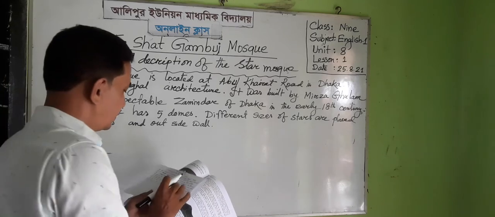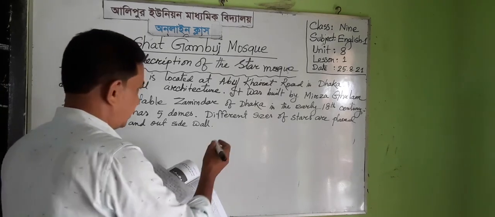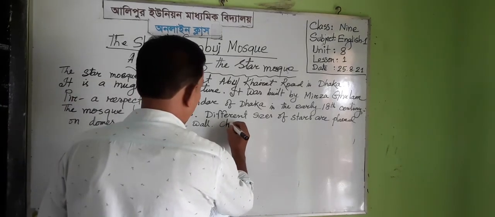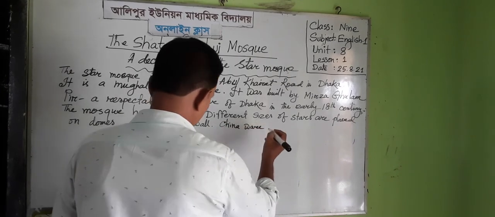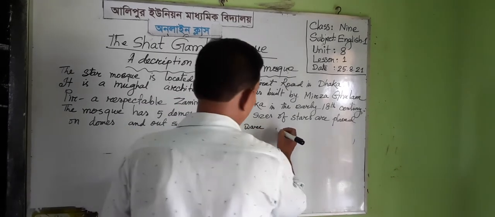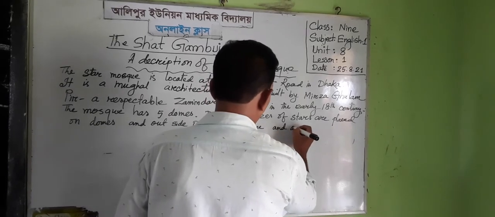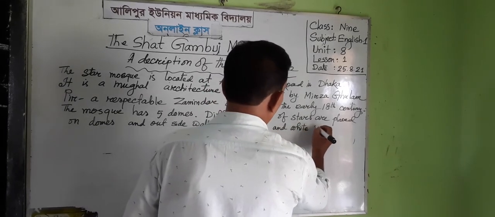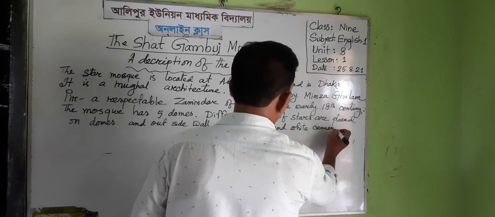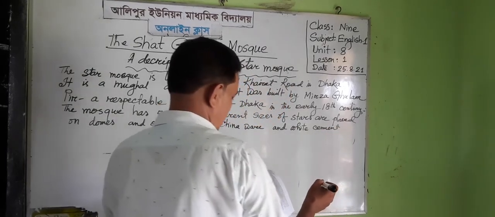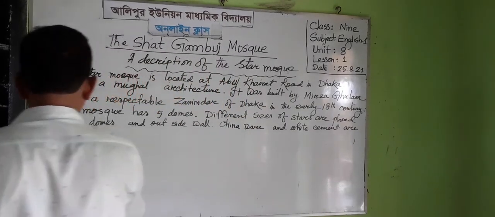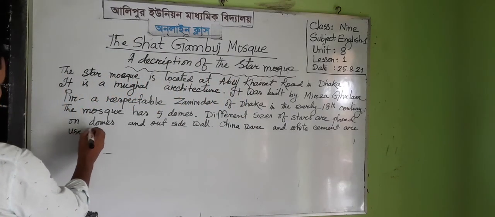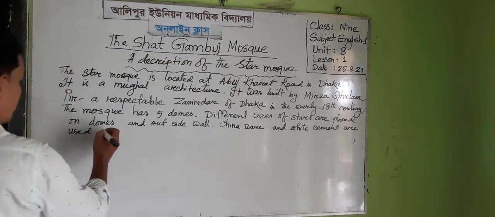Okay, dear learner. Next, China ware and white cement are used for decoration.